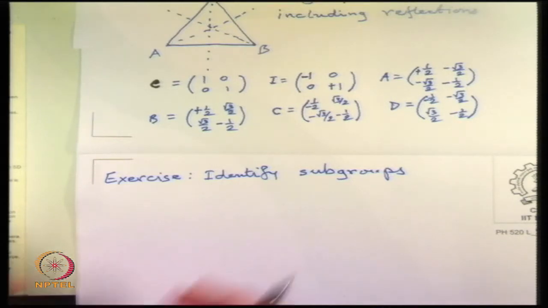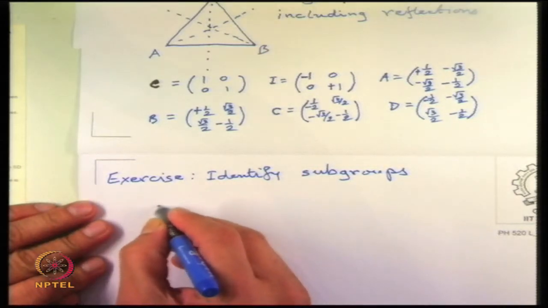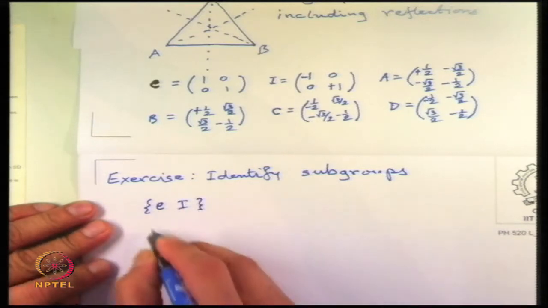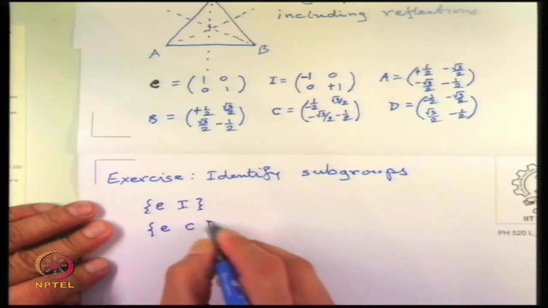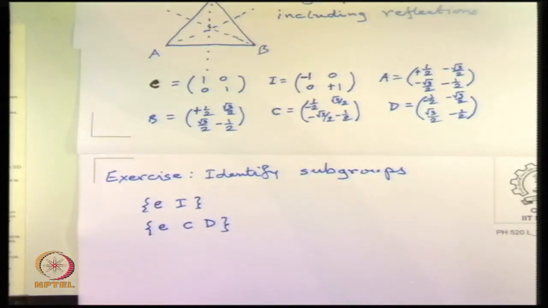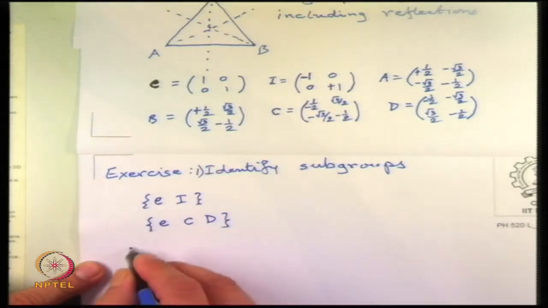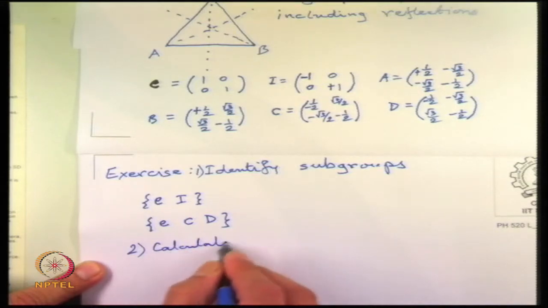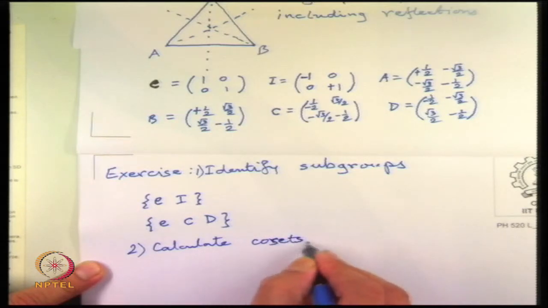Now, the thing is, we identify the subgroups. One of them is just E and I, and the other one is E, C and D. In fact, I should have written capital E, but now you ask, so as exercise I would say calculate the cosets, right and left.